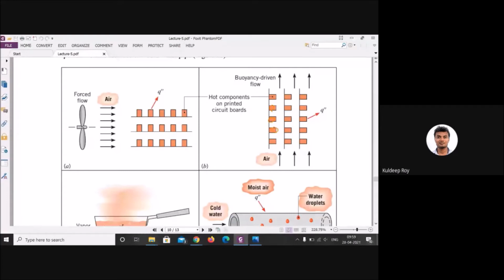At this point the density will be very low. Then what will happen? Due to the buoyancy force, which we mentioned as buoyancy driven flow, due to the density difference it will automatically go in the upward direction. This is the reason transformer fins are generally applied in vertical position, not in horizontal position.